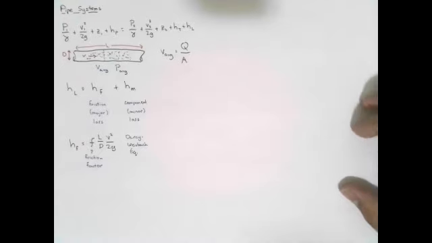This f value is called the Fanning friction factor. And the friction factor is a dimensionless parameter that helps us quantify the friction. So essentially, it allows us to assign a number to our friction.